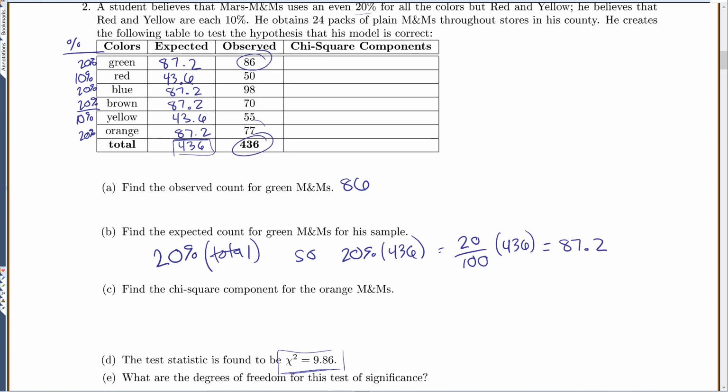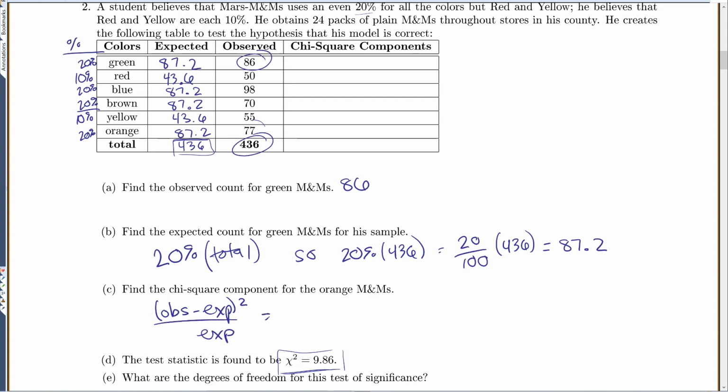Now let's find the chi-squared component for the orange M&Ms. Again, because you are given your chi-squared test statistic, you don't have to find all of these, but she does want to make sure that you know how to do it, so she'll ask you for one. It says find the chi-squared part just for the orange cell. Remember, chi-squared is the sum of each observed minus expected, squared, divided by expected.